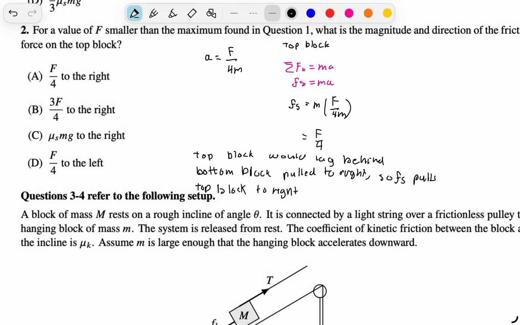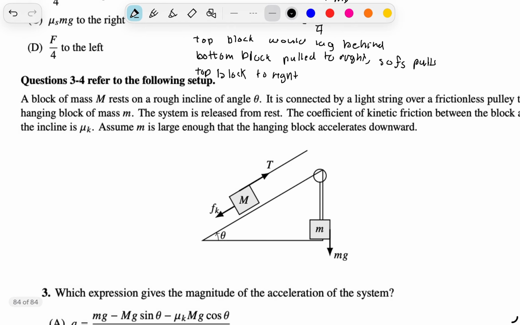So we would have F over 4 directed in the right direction, because our static friction, mu s mg, is not automatically equal to Fs. It's only the maximum slipping threshold, which has to be overcome.